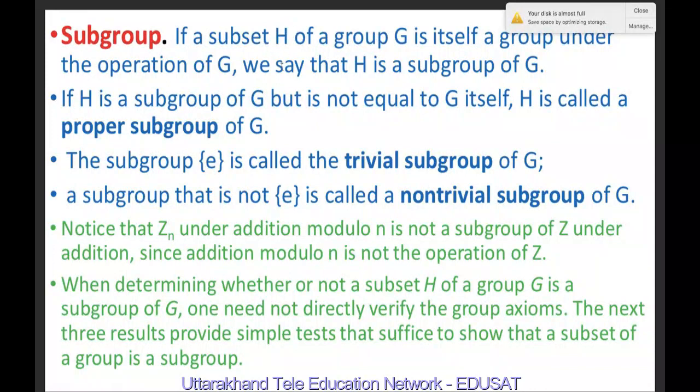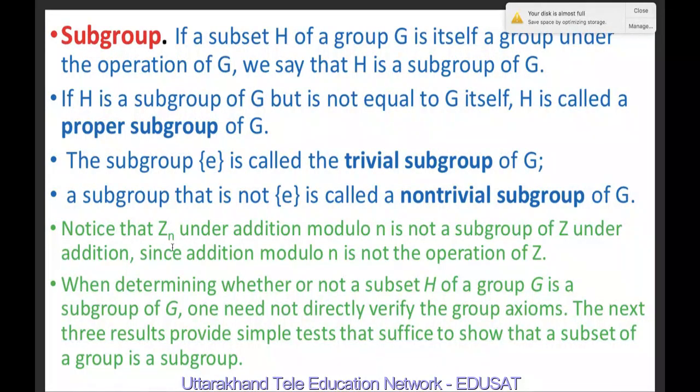Then only it is a subgroup of G. If H is a subgroup of G but is not equal to G, then H is called the proper subgroup of G. The subgroup E is called the trivial subgroup of G because it is also a group in itself. This is a set containing the identity element and this is called the trivial subgroup of G. A subgroup that is not E is called the non-trivial subgroup of G.